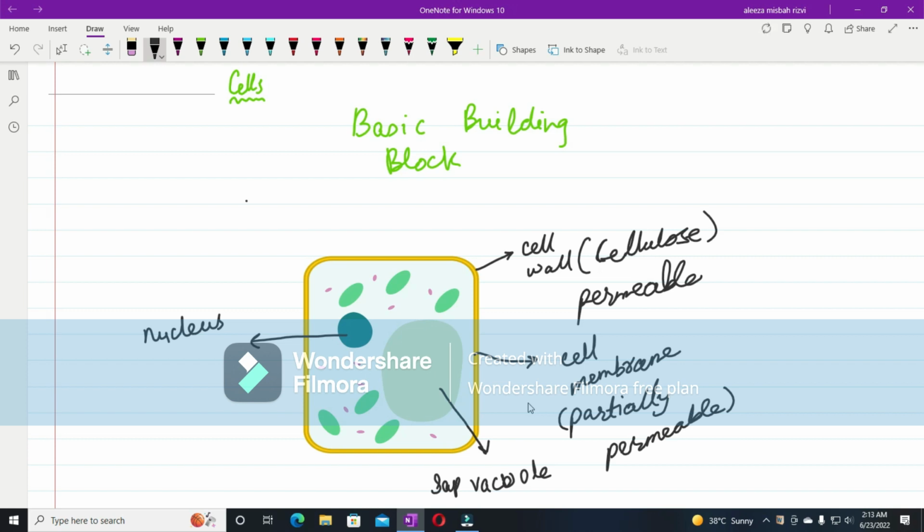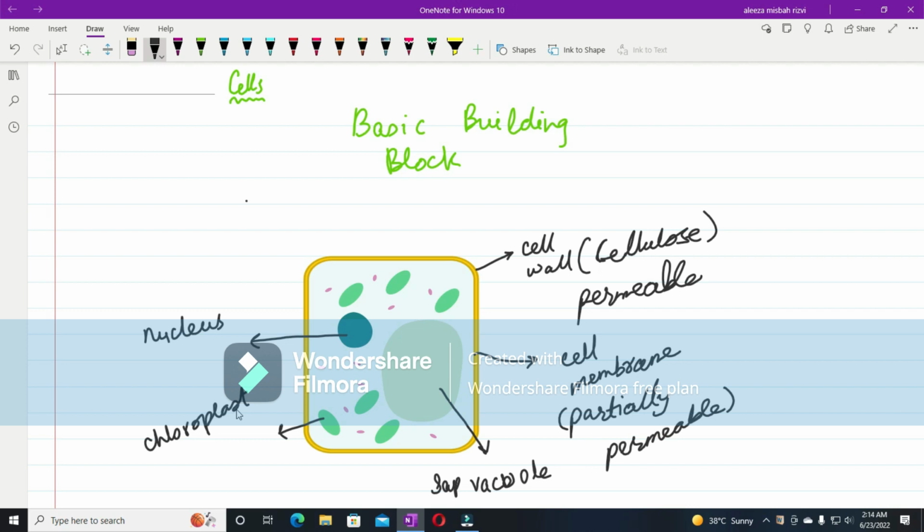So this green part we can see, these green parts all over the plant cell, are the chloroplasts. By its name we can guess what it does, but I will tell you that this green part of the plant contains a chemical called chlorophyll.